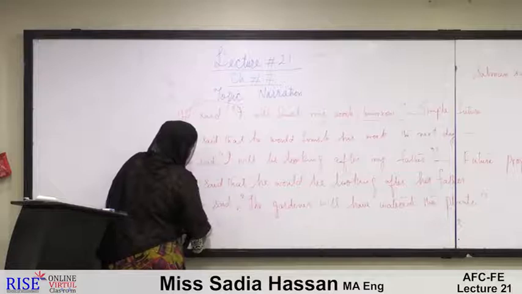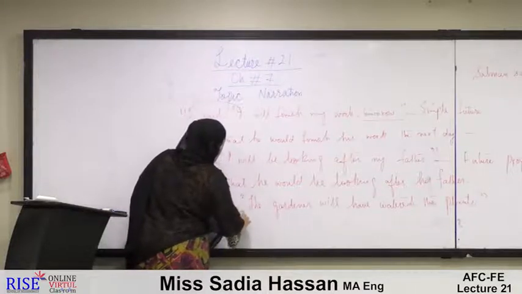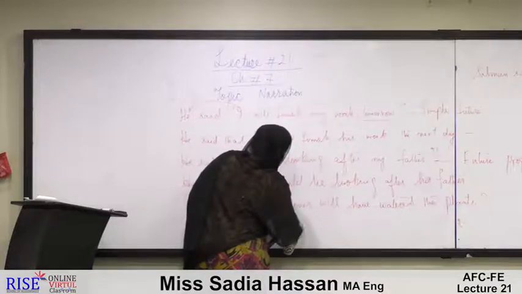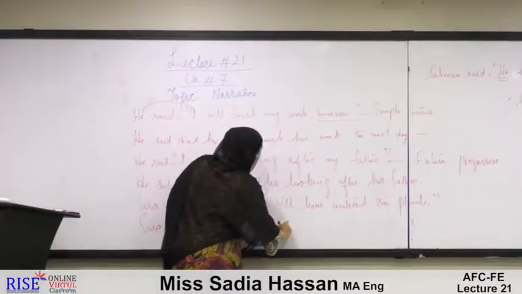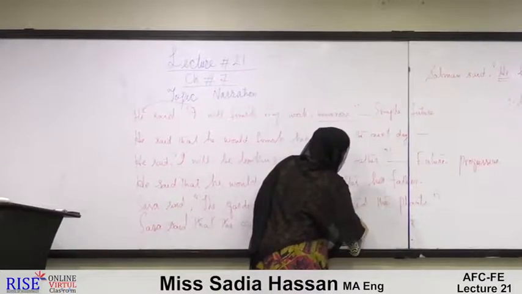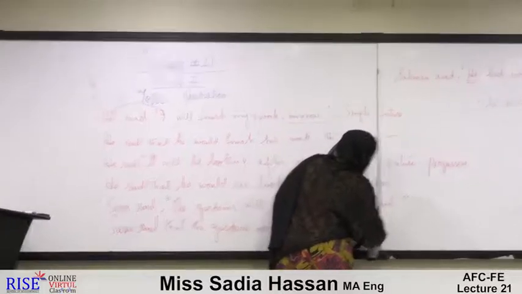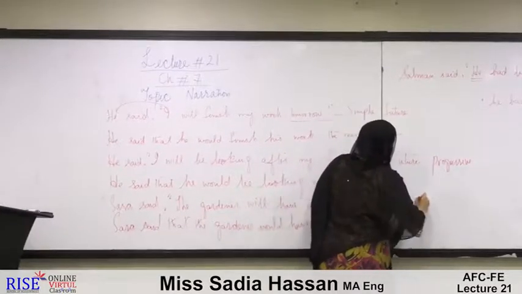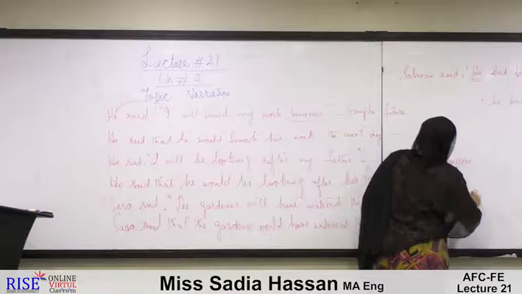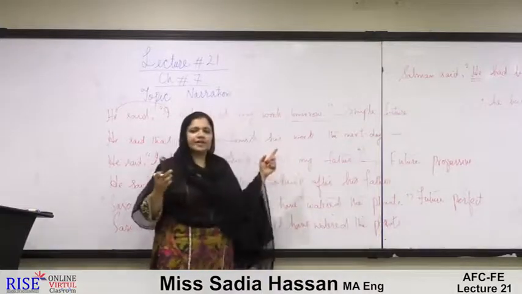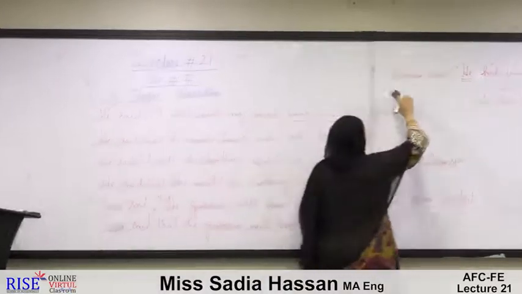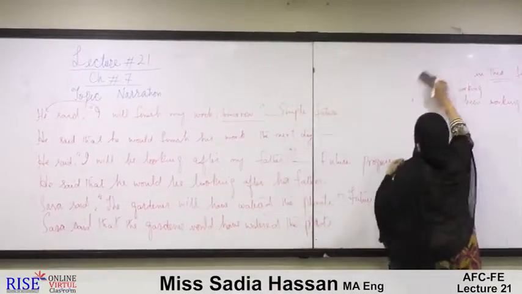Sarah said that the gardener would have watered the plants. It was a sentence from future perfect. See, this is how we have made changes in the tenses of future. Now we move on to future perfect progressive.